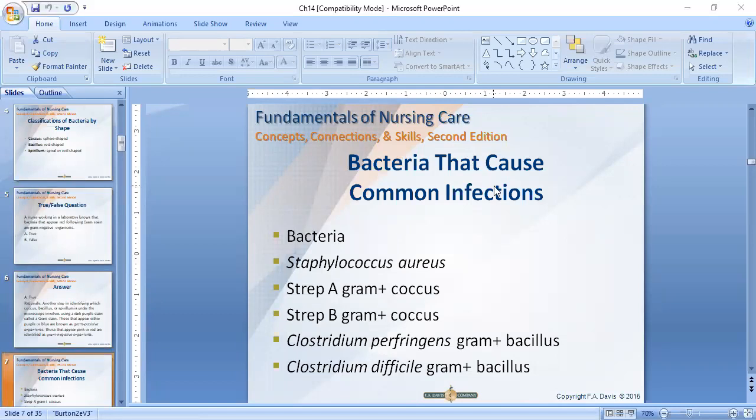These are the different bacteria names, right? And these different bacteria can cause different diseases, right?